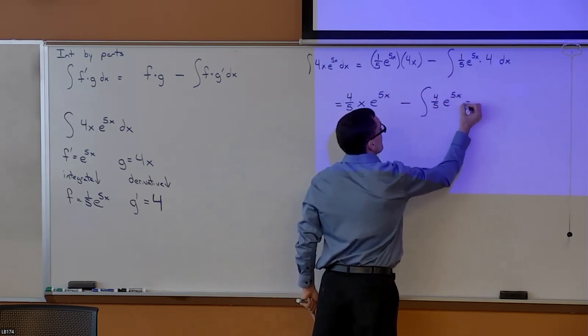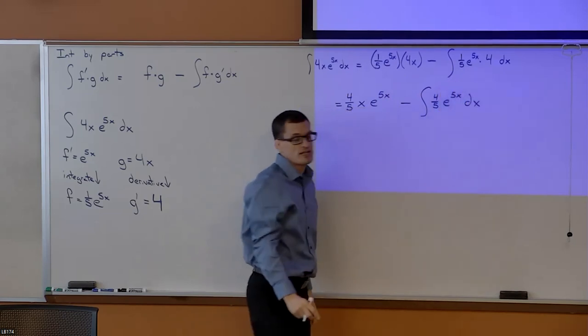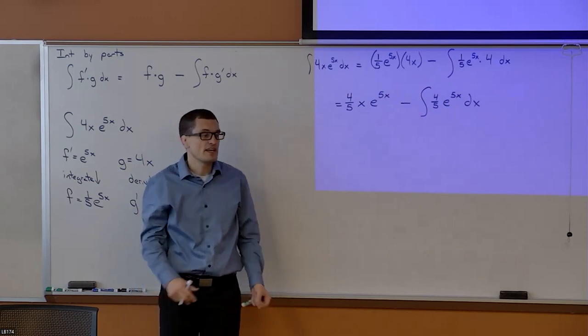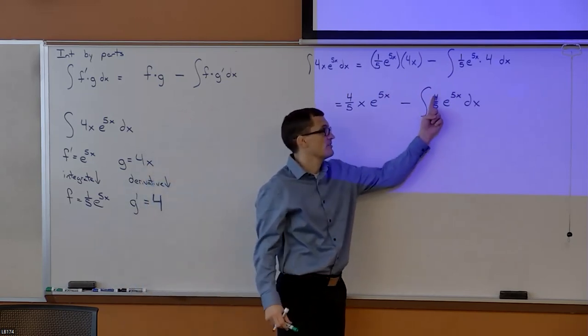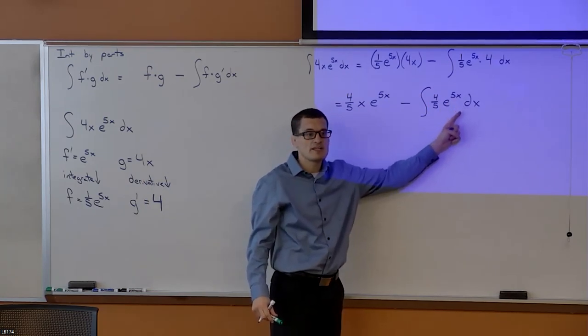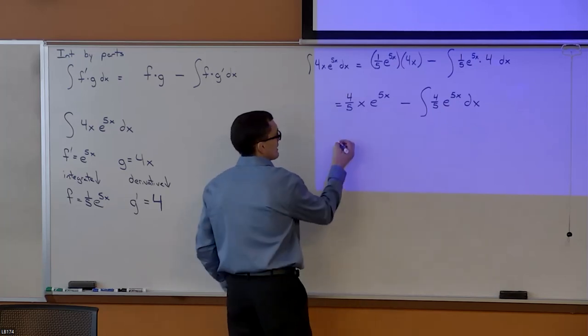But I do still need to do an integration in this trailing part. The nice thing is this is just a constant times e to the 5x. So that's something that I can integrate fairly efficiently.